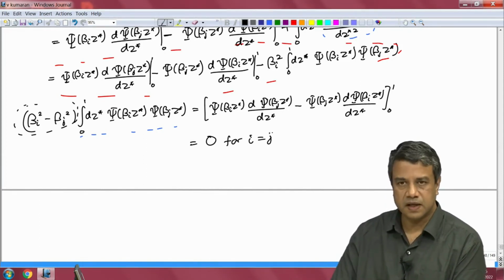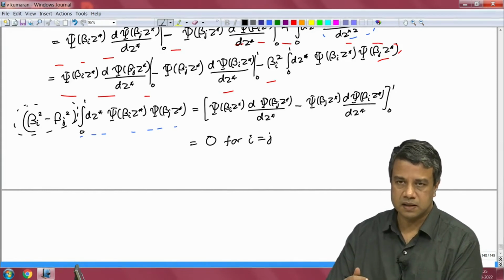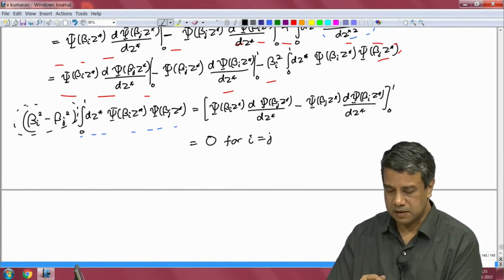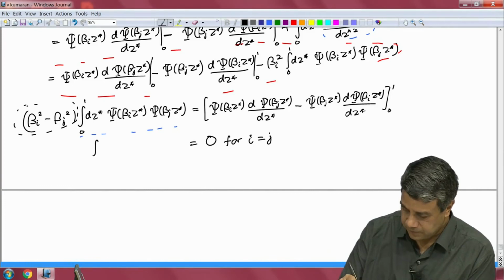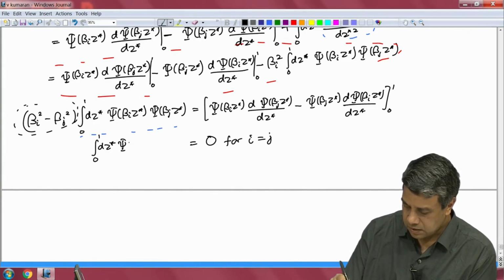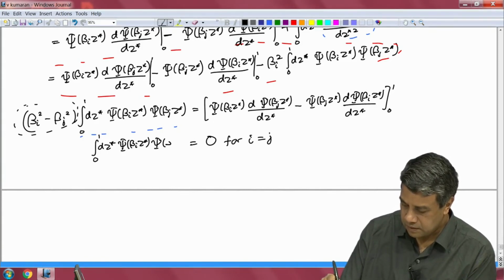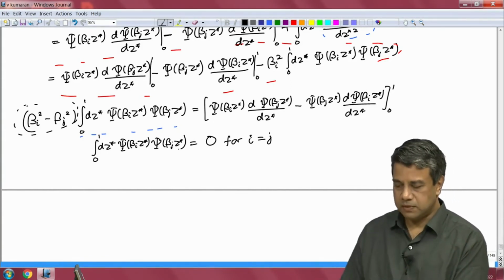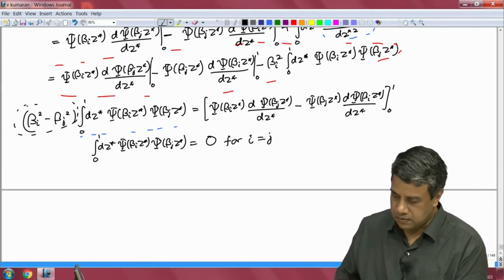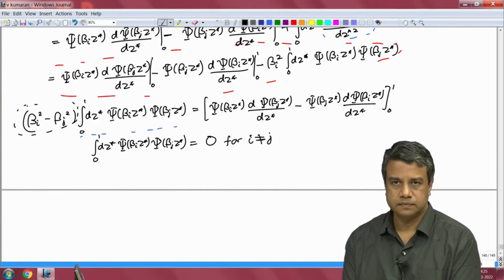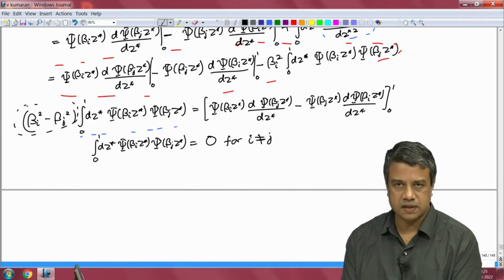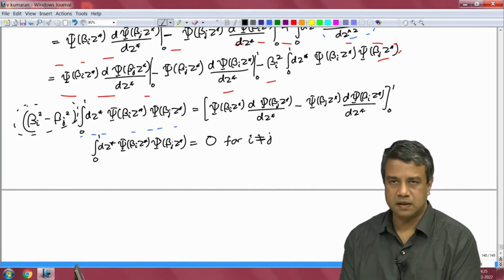Because if I is not equal to j and beta I is not equal to beta j, I can divide the right side by beta I square minus beta j square, and I will get that this integral 0 to 1 dz psi of beta I z psi of beta j z has to be equal to 0 for I not equal to j. If I is equal to j, then the left side is also 0, so, therefore, the integral cannot be 0.